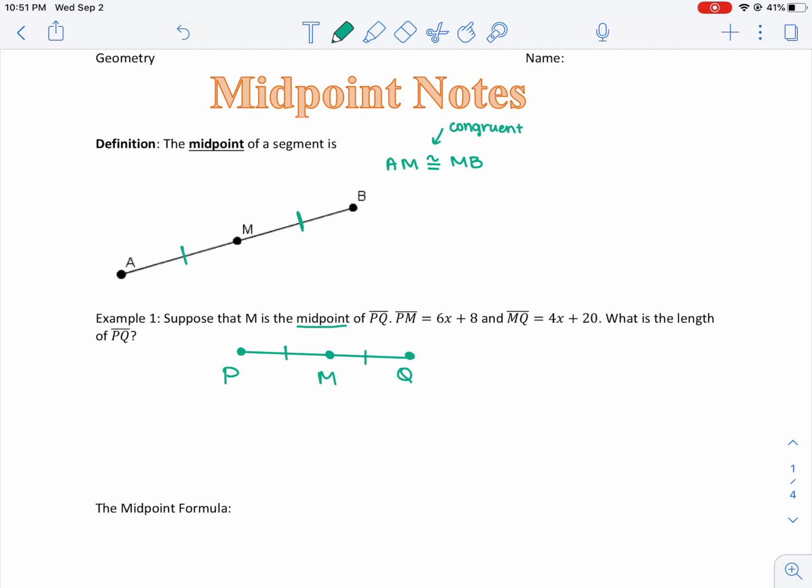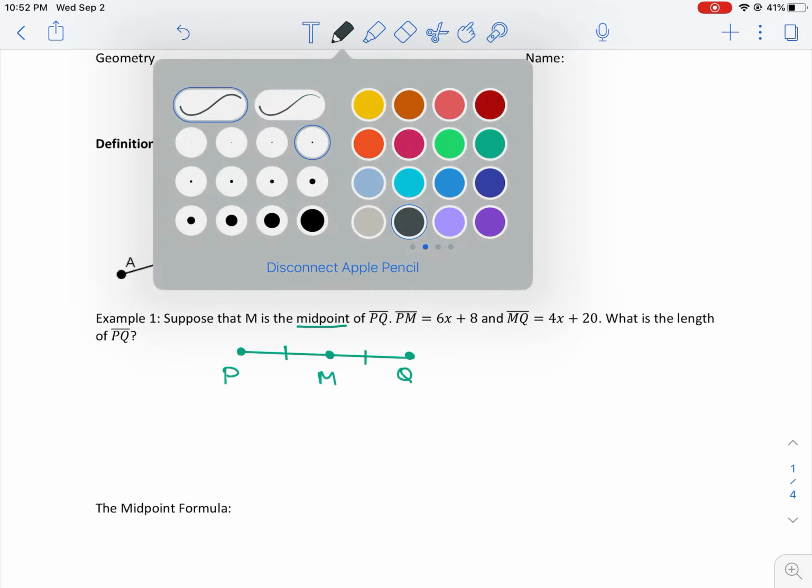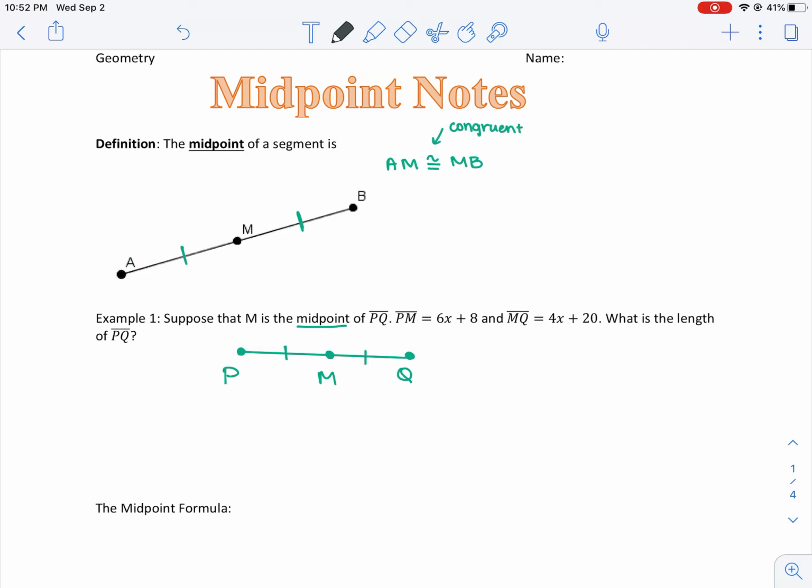Okay, so I'm going to go ahead and dash it out so I never forget that those are supposed to be equal to each other. And now I know that PM is 6x plus 8, and MQ is 4x plus 20.